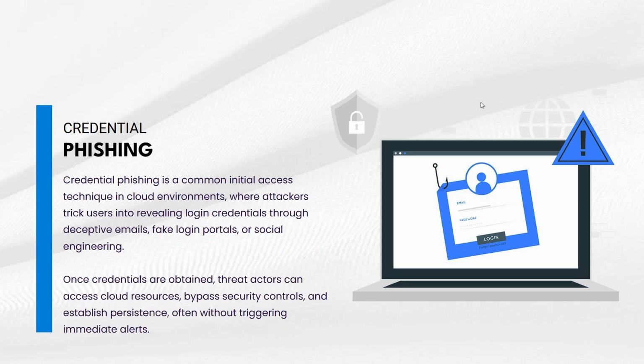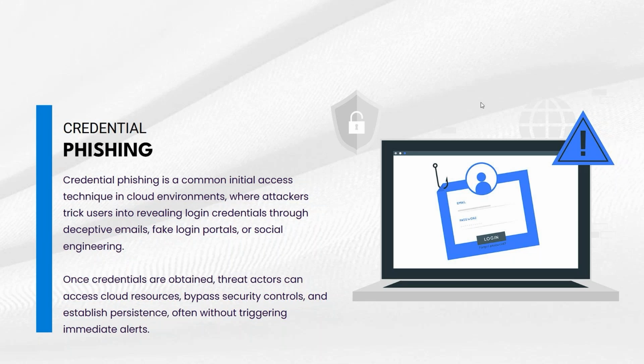So credential phishing is not quite as effective as at the traditional enterprise level, because by default 80-90 percent of cloud accounts are enabled with MFA. It's quite complex to bypass MFA with traditional credential-gathering phishing.